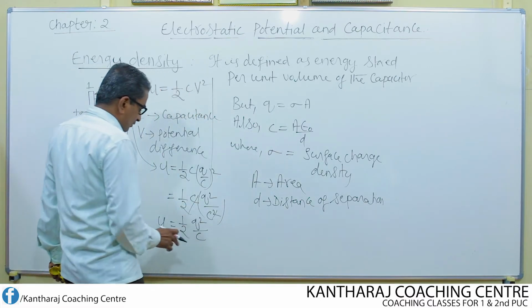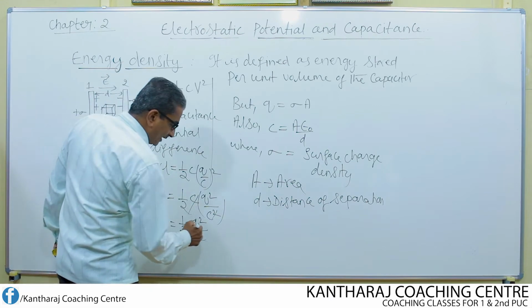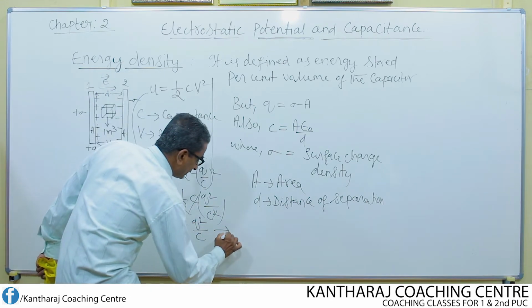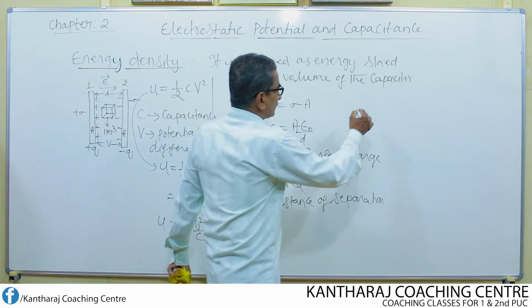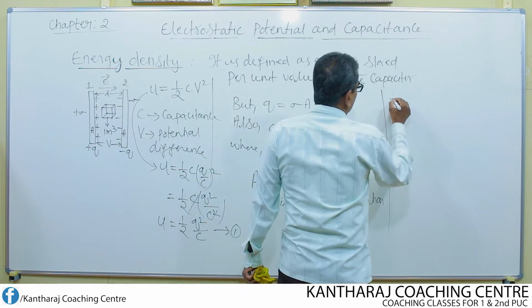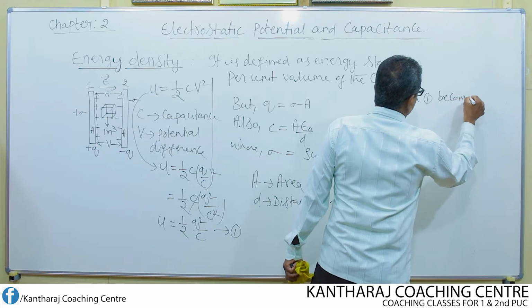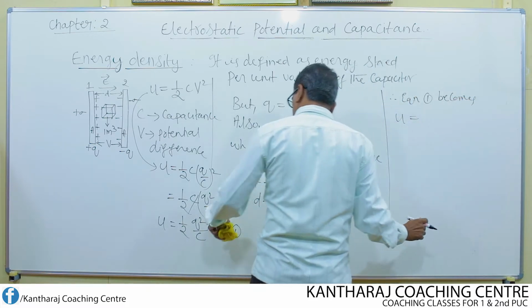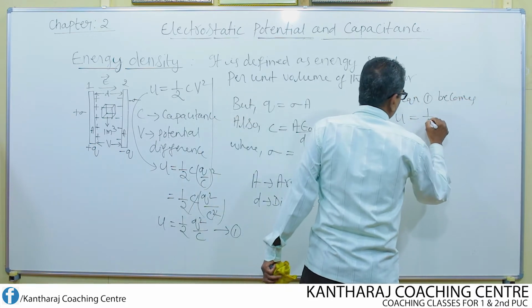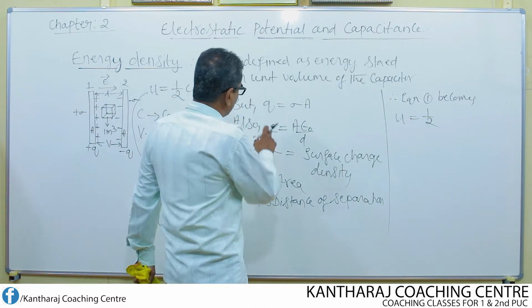If I substitute these two in this equation, what happens? Let us call this equation 1. So equation 1 becomes U equal to half of Q square. What is Q?